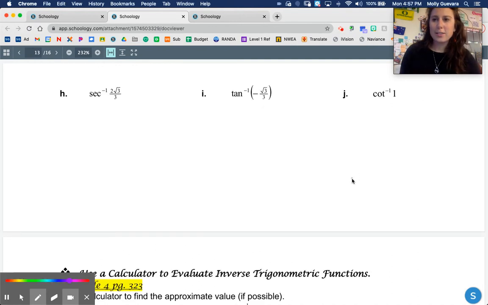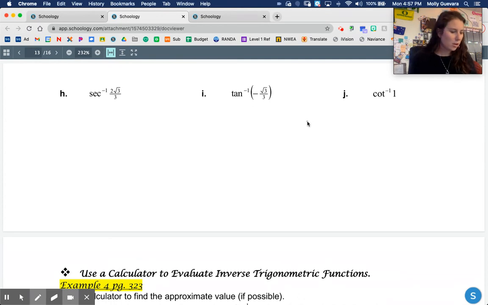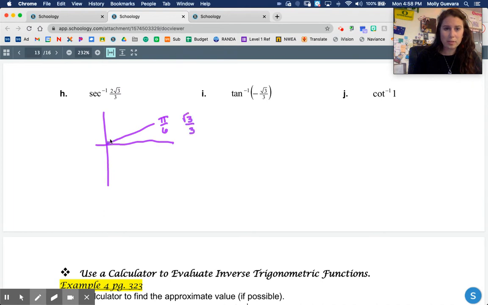Okay, so let's kind of look at our tangents. Hopefully by now, we kind of have an idea of all of the different tangents, at least in quadrant 1. Okay, so here at pi over 6, the tangent is root 3 over 3. At pi over 4, the tangent is 1.